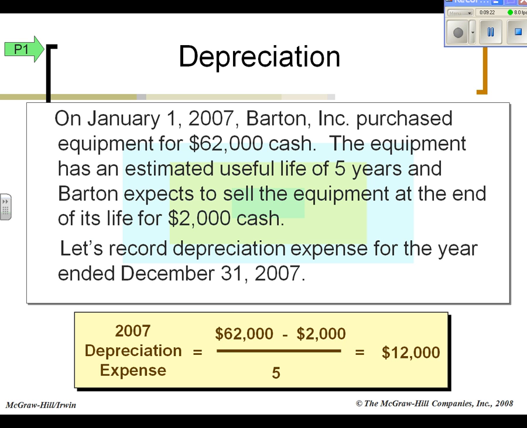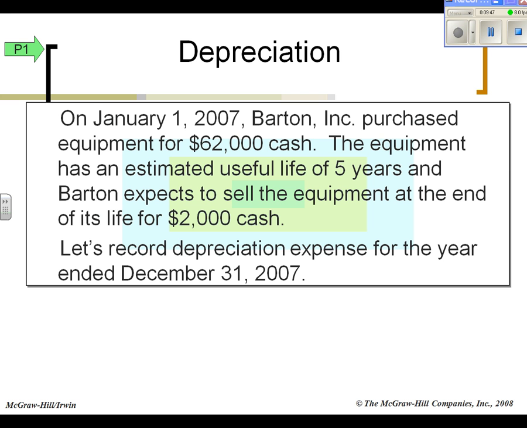Here, there's our expense: 62,000 minus the 2,000, divided by the useful life of 5 years. So every year, I'm going to expense $12,000 worth of this asset. And remember, if we put it in service in that first year as of July 1st, then I'm only going to take 6 months' worth. So the amount would be 6,000.